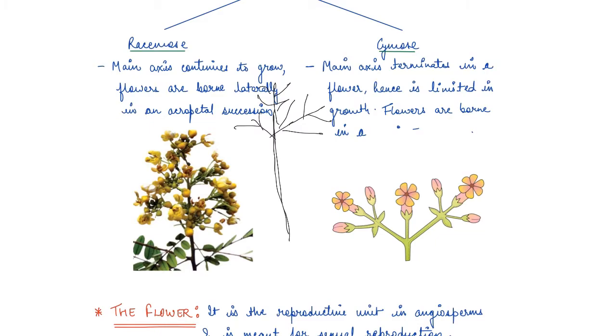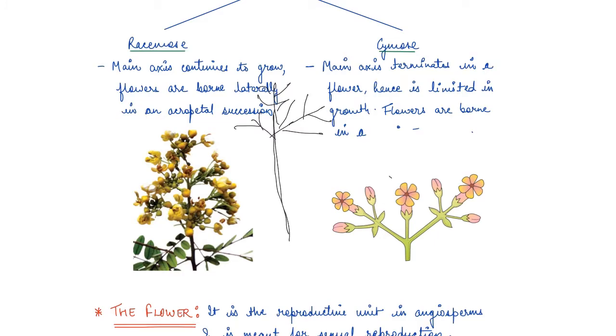So this is racemose. Now what happens in cymose is that the main axis terminates in a flower, and that is why the growth here is limited and flowers are borne in a basipetal order. So instead of acropetal, it is basipetal order.